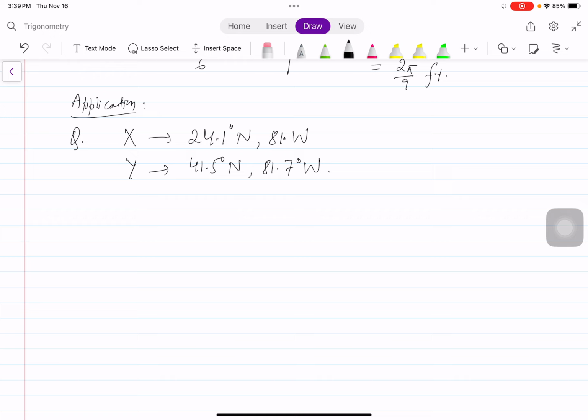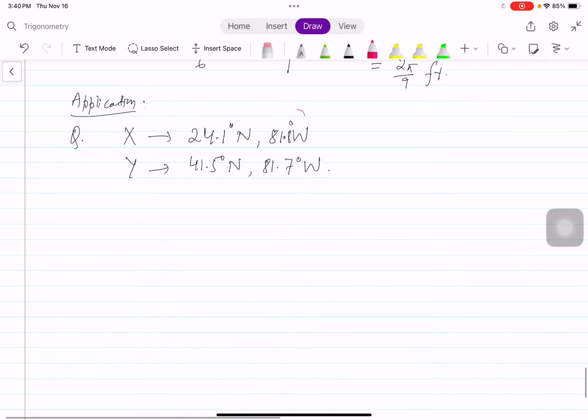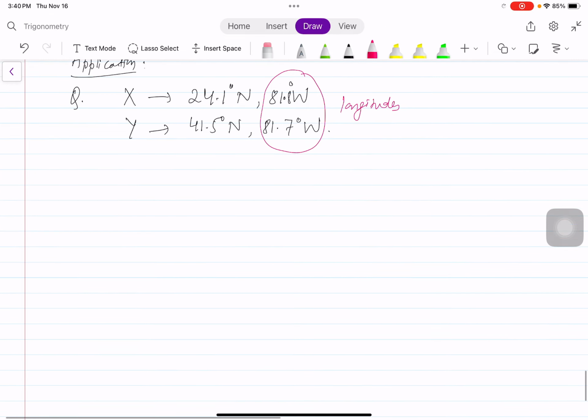Longitudes, if you look here, this is 81.8. All these numbers are in degrees. Longitudes are nearly the same. So the different things are the latitudes. So we can use the difference in latitude to find the distance between these two cities, city x and city y.